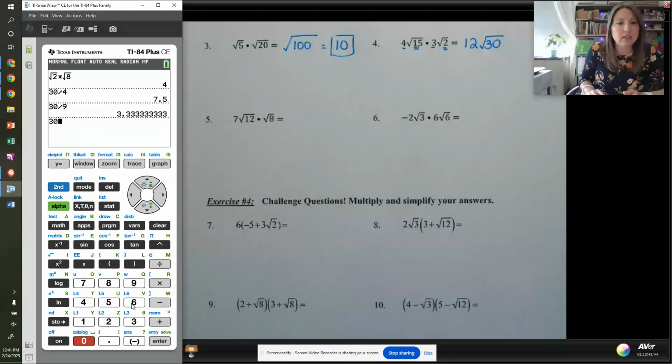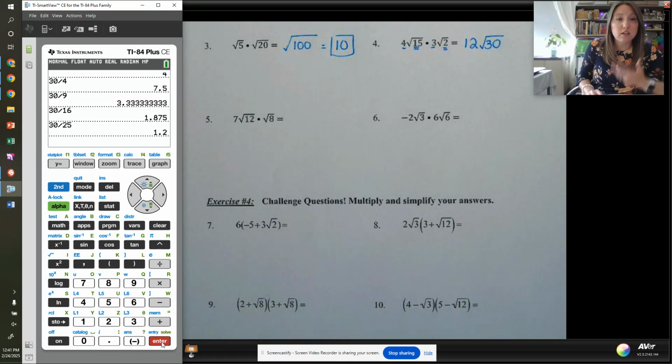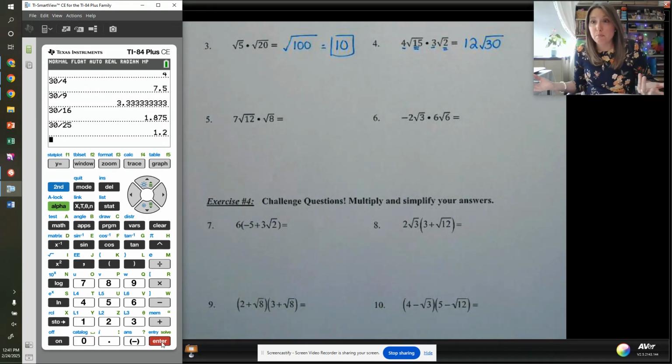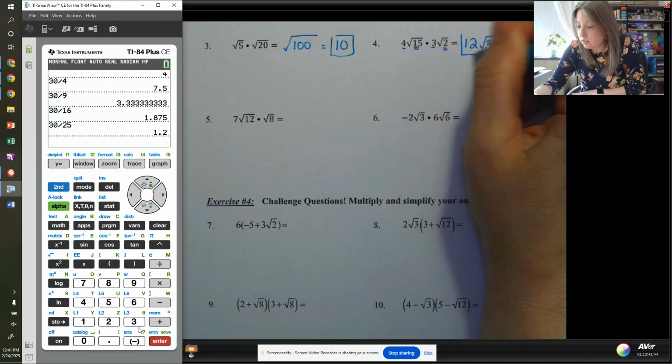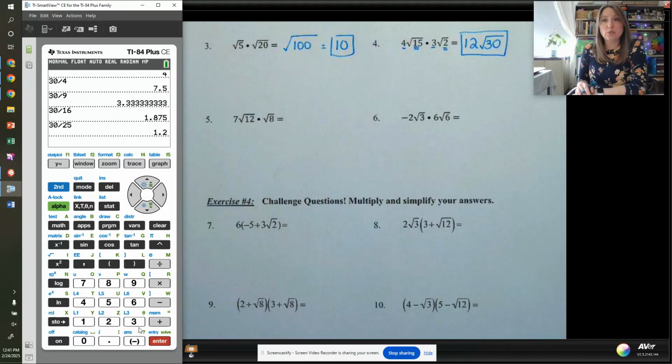Okay, 30 divided by 16, my next perfect square. No, and actually I'm kind of coming too close to 30, aren't I? Because now my next perfect square, 30 divided by 25, doesn't work. My next perfect square is 36. So 30 is not evenly divisible by a perfect square. It is simplified already. There's my answer.